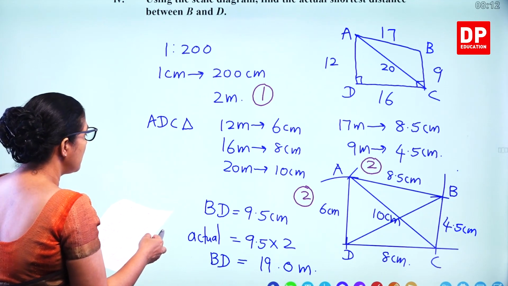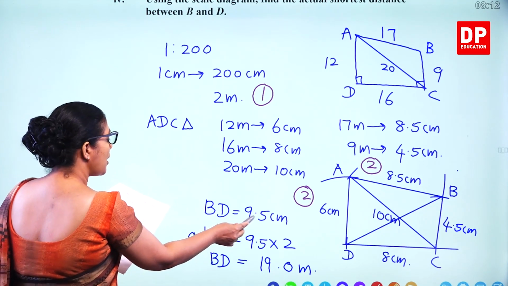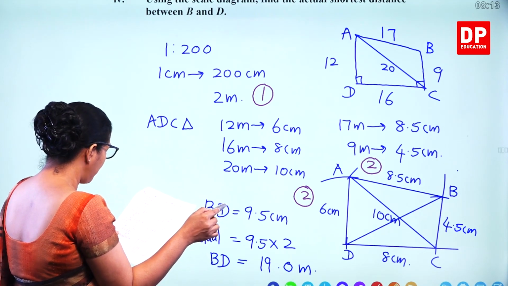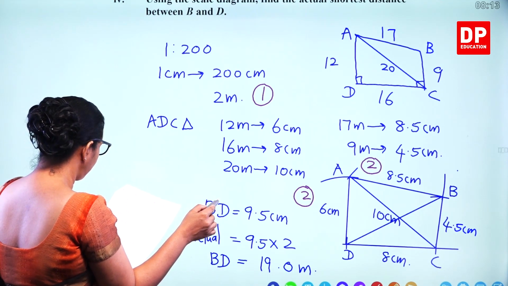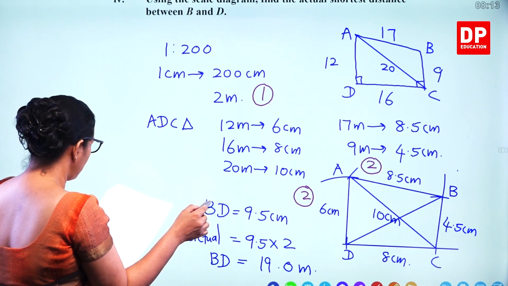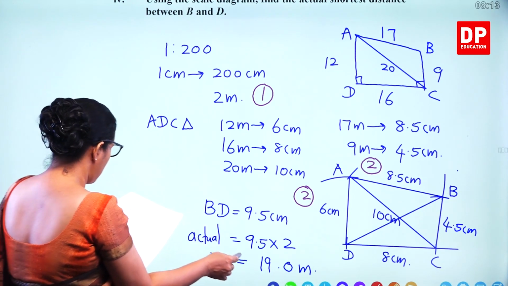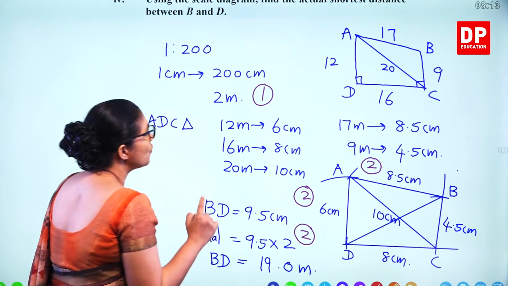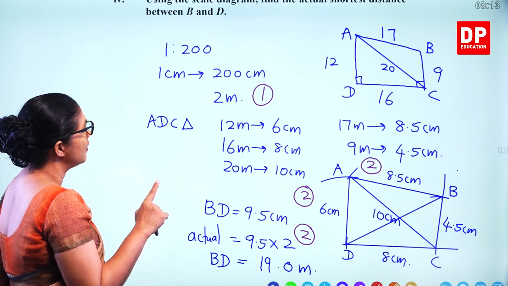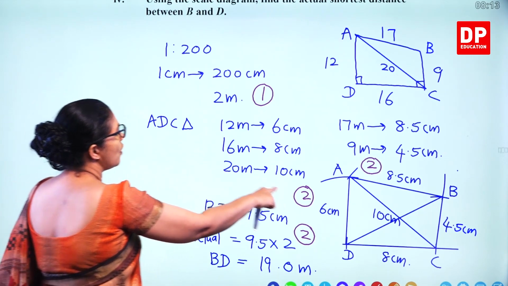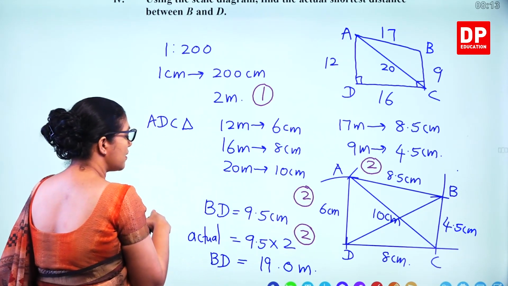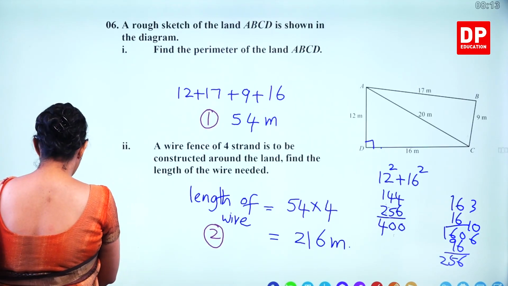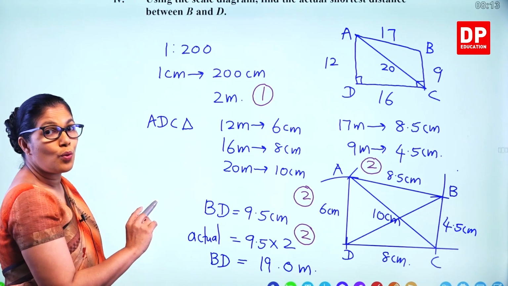And this 9.5 is the BD length multiplied by 2. You get 19 meters, that's 2 marks. So we give 5 for this one and 7, and this 3, 10 marks. 10 marks for the whole question.